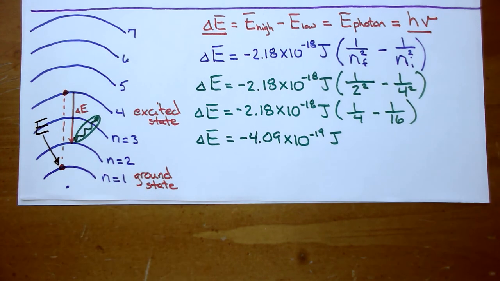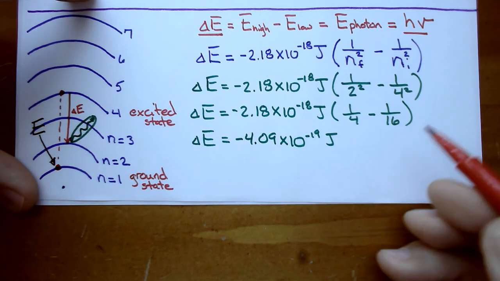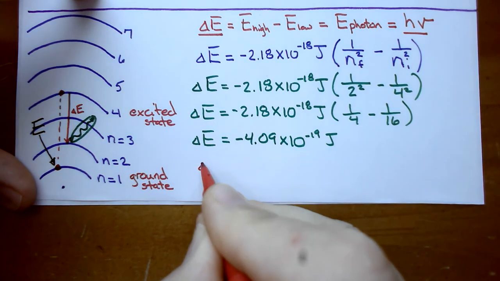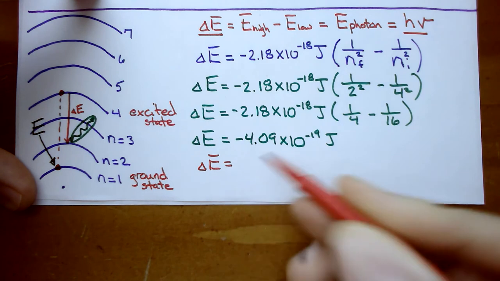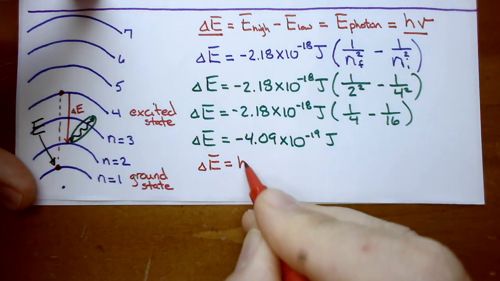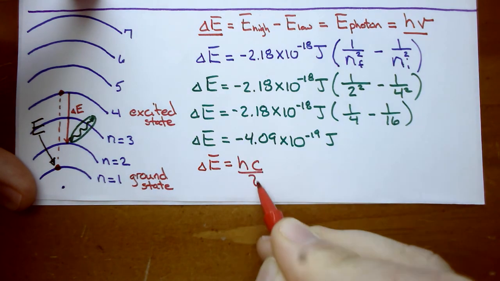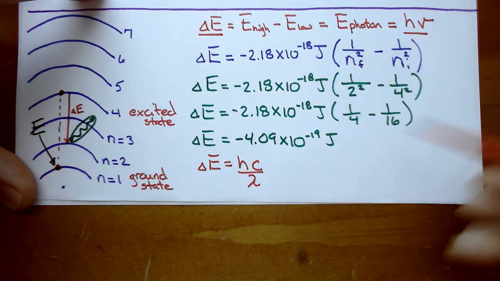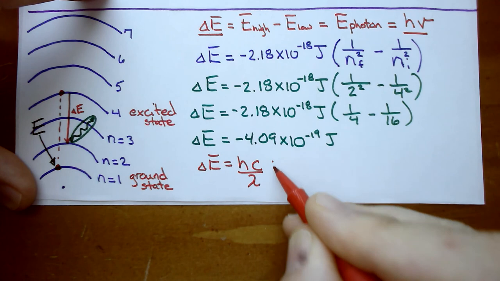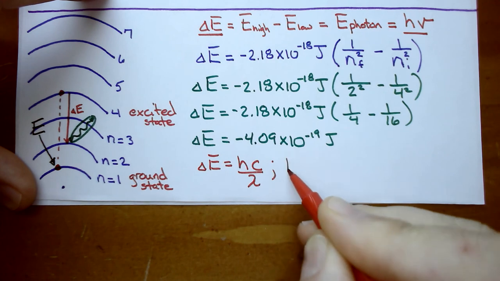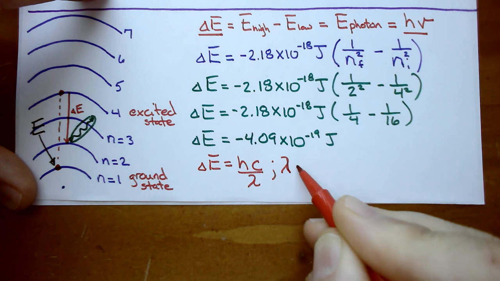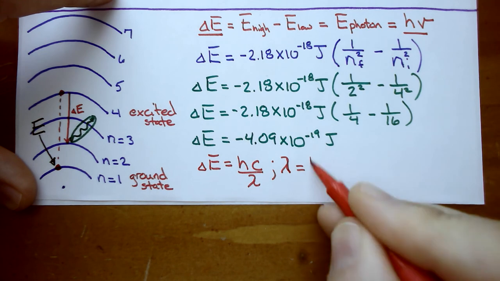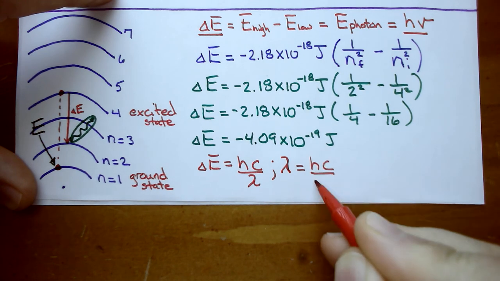So if I now do that equation, we know that delta E is equal to hc over lambda. So lambda would equal hc over delta E.